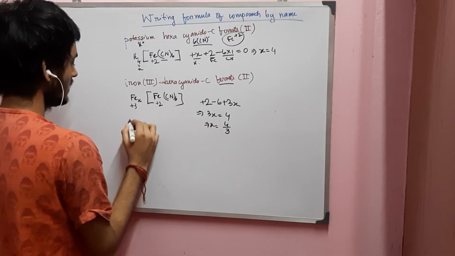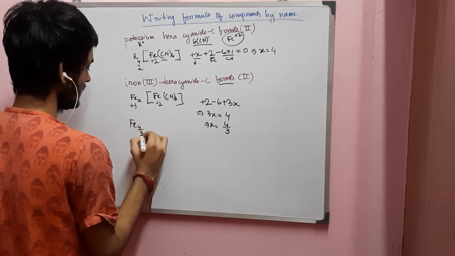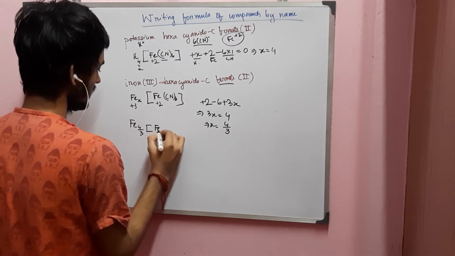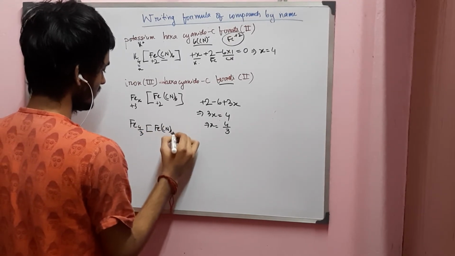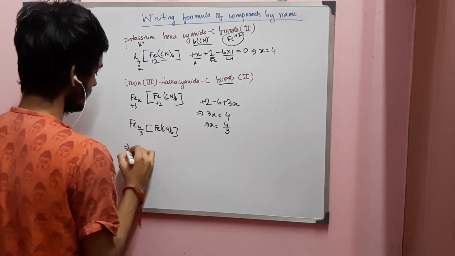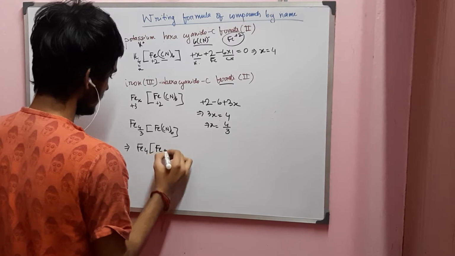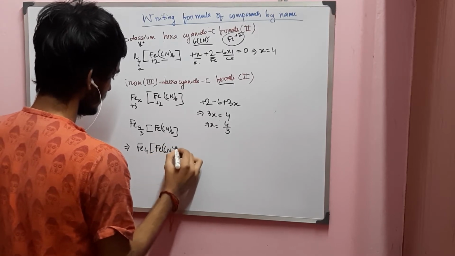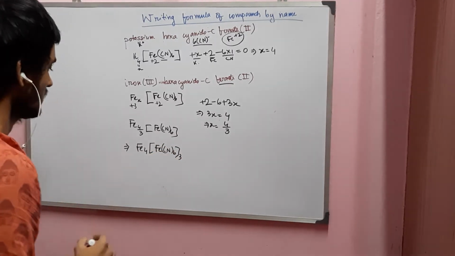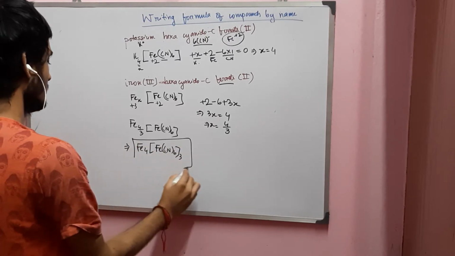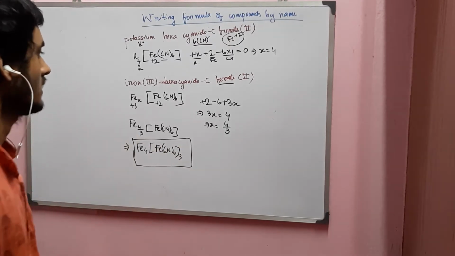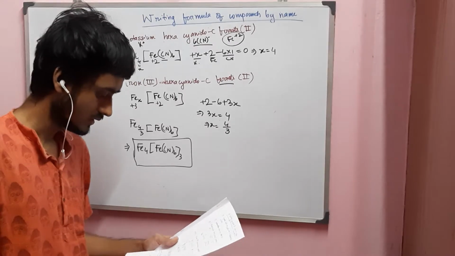So our compound is Fe 4/3 [Fe(CN)6], or we will write down the compound as Fe4[Fe(CN)6]3. This is the formula of the compound. Write down this.